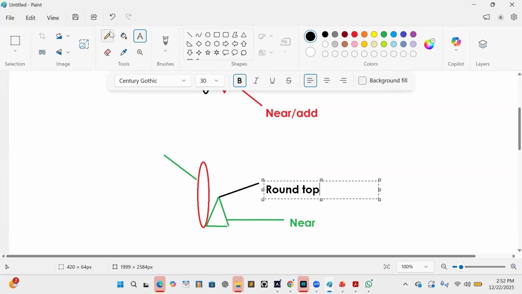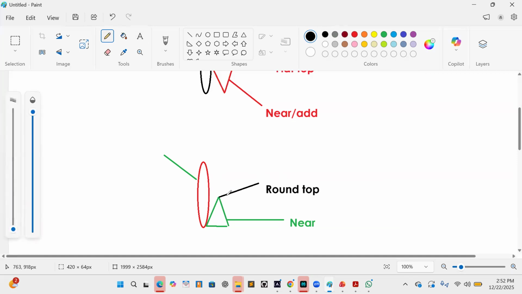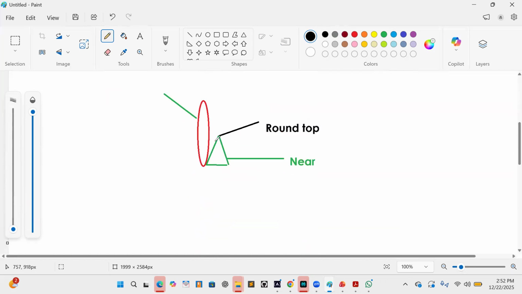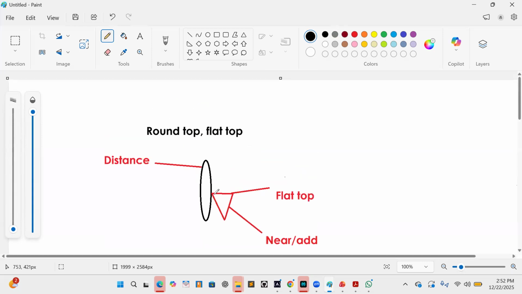When you say something has a round top, this is what we mean: the top is round. And this one, the top is flat. So flat top, round top. Can you see? You can see the top edge is round, and the other one is flat top. That's what we mean by having the top like that. We'll continue in the next video to explain further.